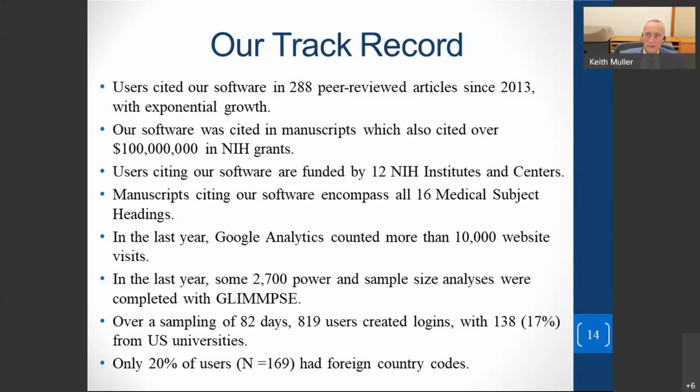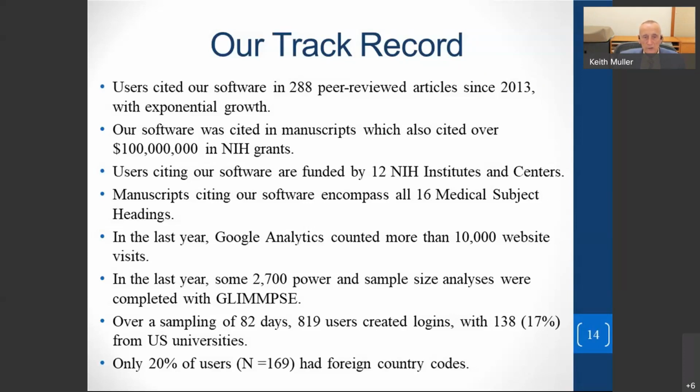Last year, Google Analytics told us that 10,000 people visited our website. But I'm particularly fond of the next number, which is that we know from the software talking to us in Google Analytics that 2,700 different power and sample size analyses were completed, and 2,700 distinct people completed power and sample size analyses.